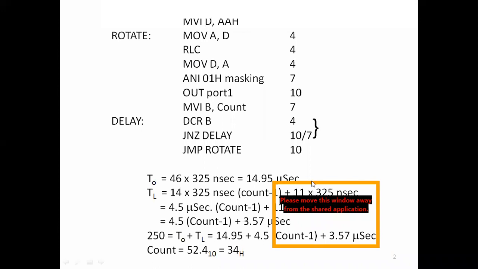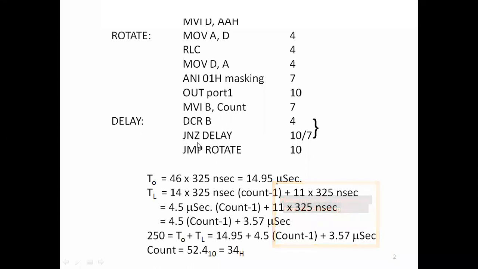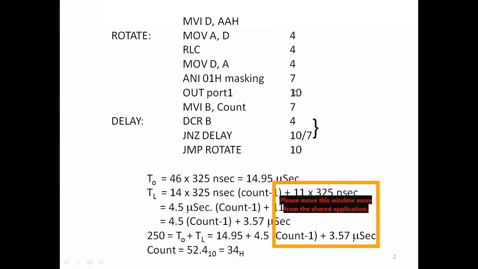So how will we calculate the value? We have to take the loop process, the total T states of the loop, as well as the total T states outside the loop. Outside the loop we have 4, 8, 12, 19, 29, 36, and then the last 10.